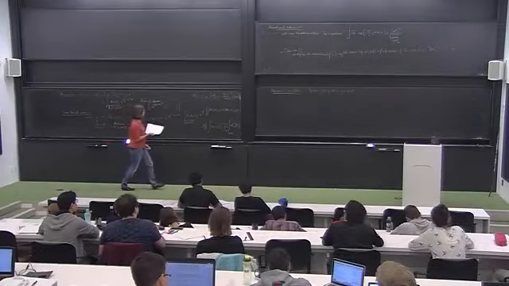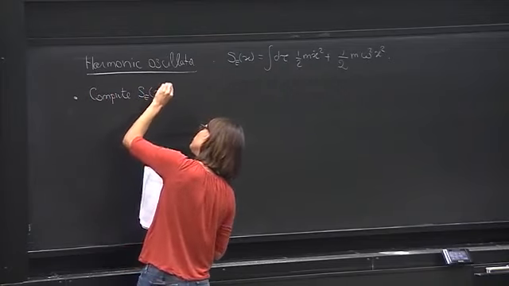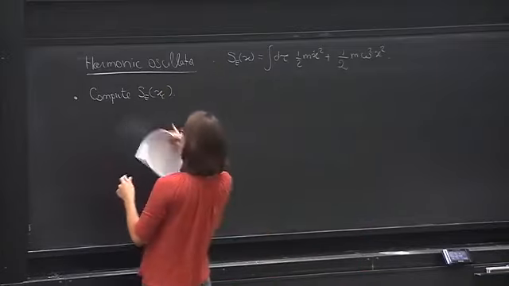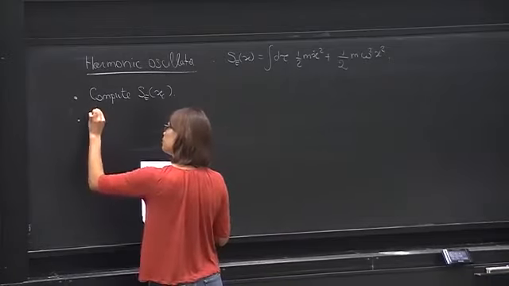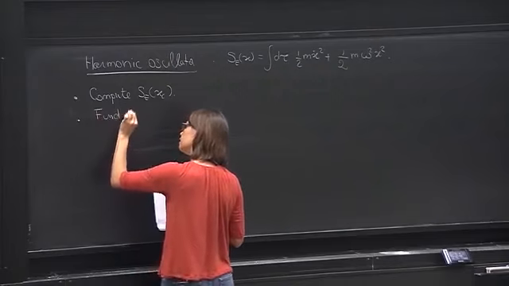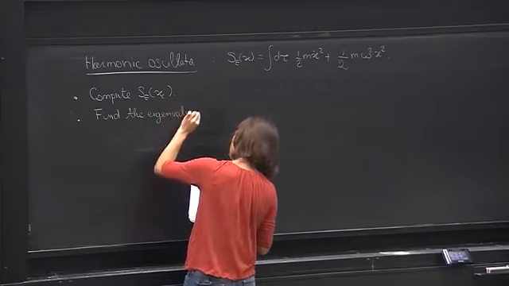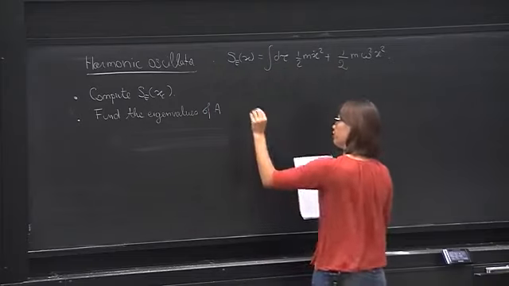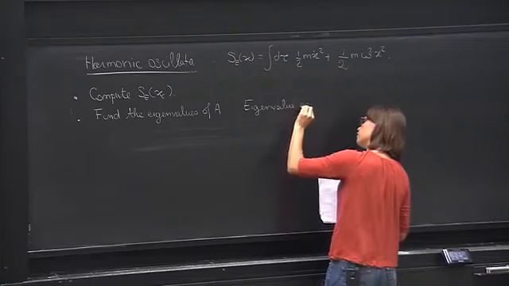So what are the two steps that we need to do? We need to first compute the classical part, and here we're really dealing with only a classical problem, okay? So we have to find and solve the classical equation of motion, and then compute the action. And then the second step will be to find the eigenvalues of A, meaning that we want to solve an eigenvalue equation of this form.